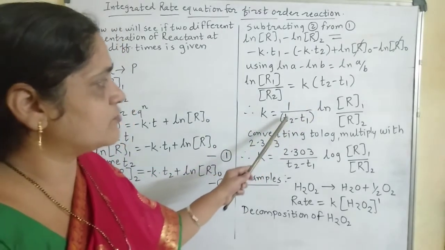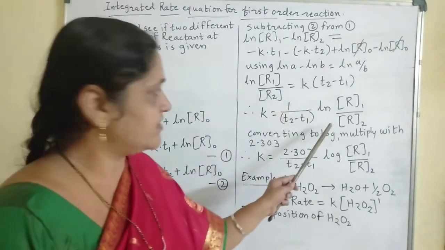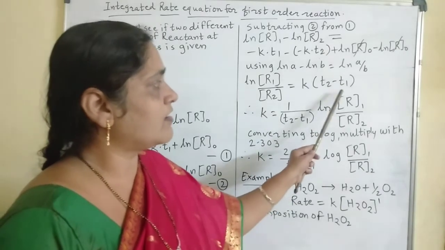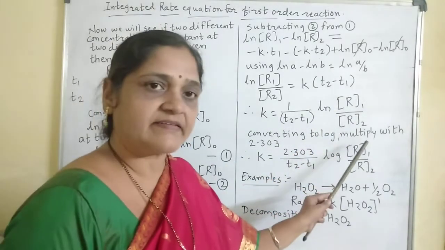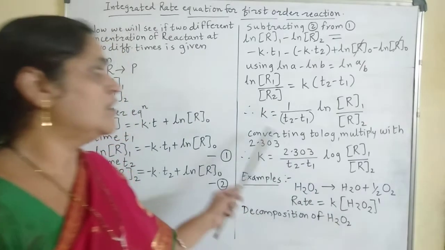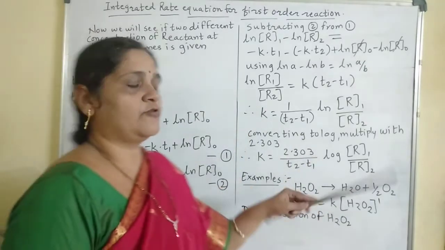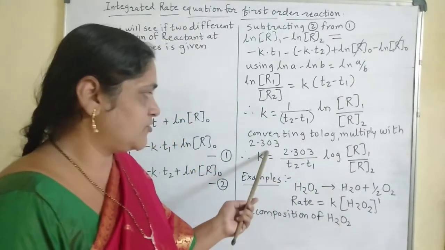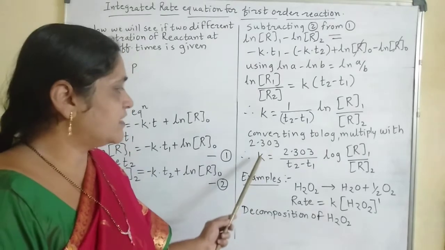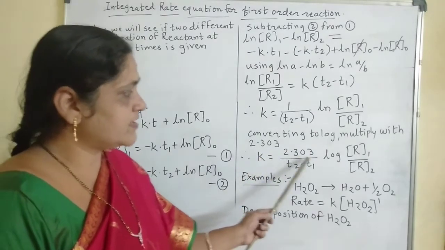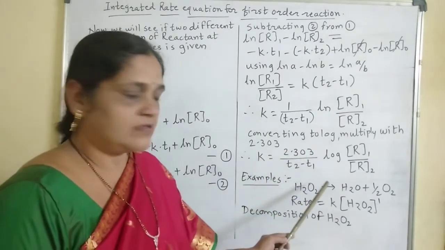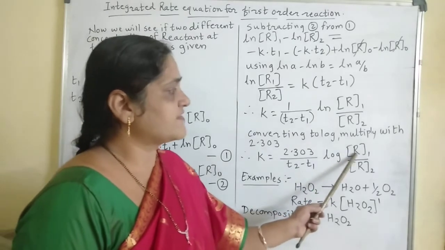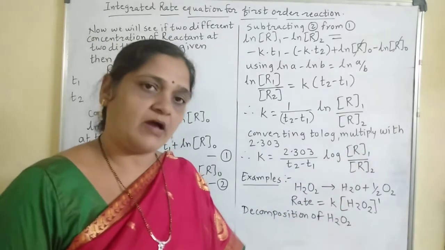So K is equal to 1 upon t2 minus t1 into ln of R1 upon R2. If we want to convert it into log to the base 10, multiply it with 2.303. So K is equal to 2.303 upon t2 minus t1 into log of R1 upon R2.